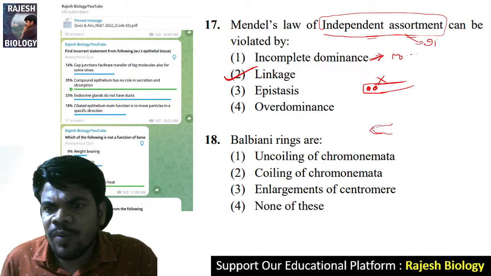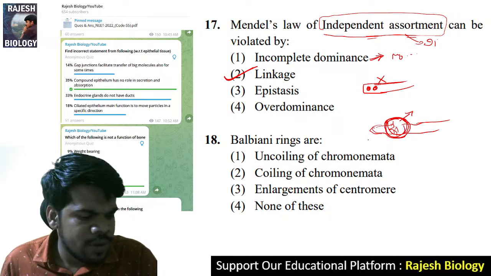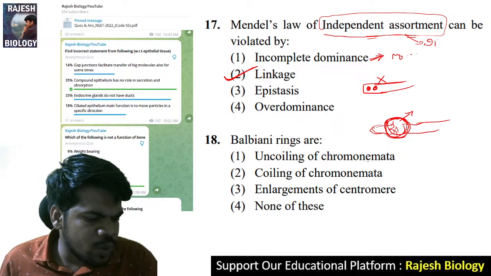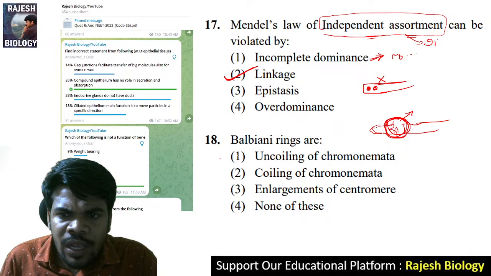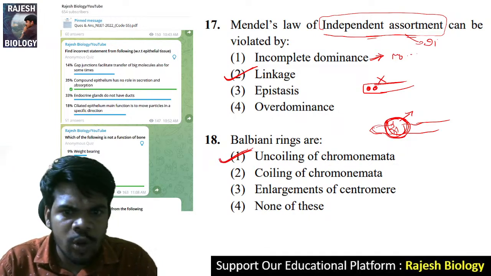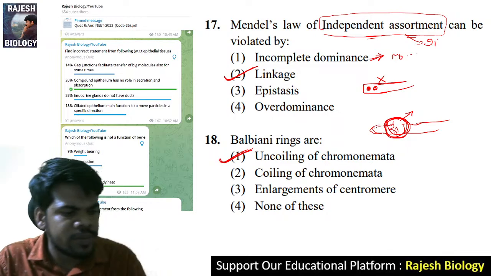This type of diagram is there. Here it is the Balbiani rings which are actively participating in transcription. So the answer to the 18th question is uncoiling of chromonemata. Very good, Chinnu. Perfect.